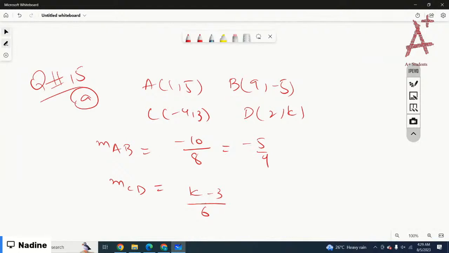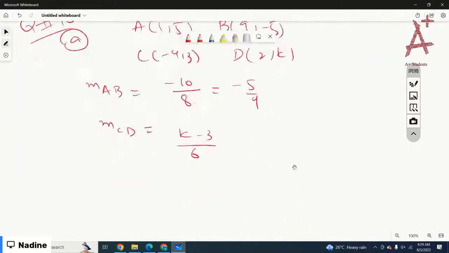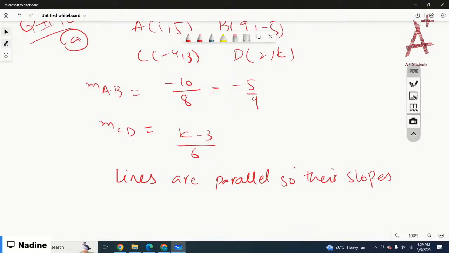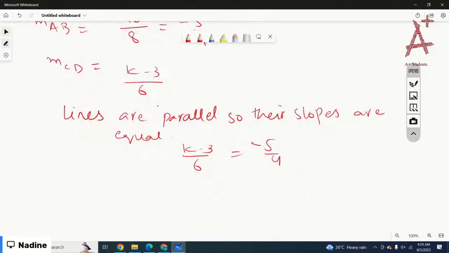So the lines are parallel, right? So their slopes are equal. Let's just equate them. K minus 3 over 6 equals negative 5 over 4. Just cross multiply them. 4 times K minus 3 and negative 5 times 6.